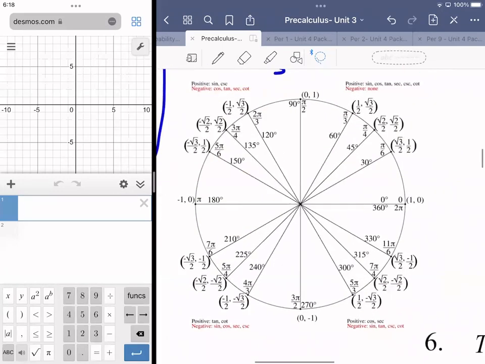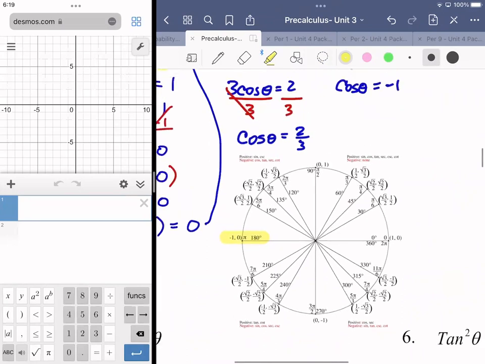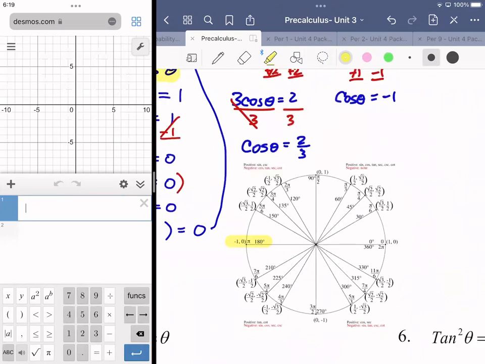Remember, cosine is the x value on your unit circle. So the x value of -1 is what I'm interested in. That only happens at this one location, when theta is equal to pi. So we have a solution here: theta is equal to pi.